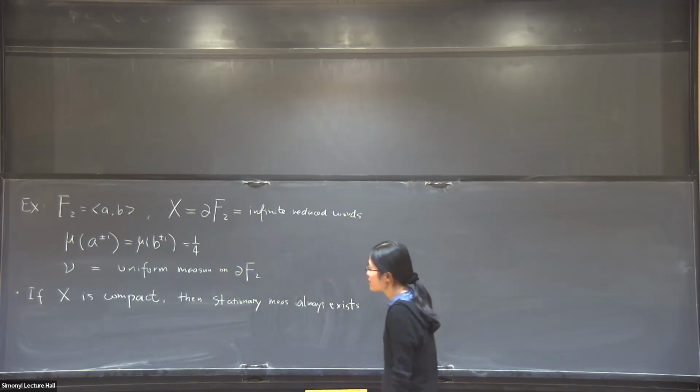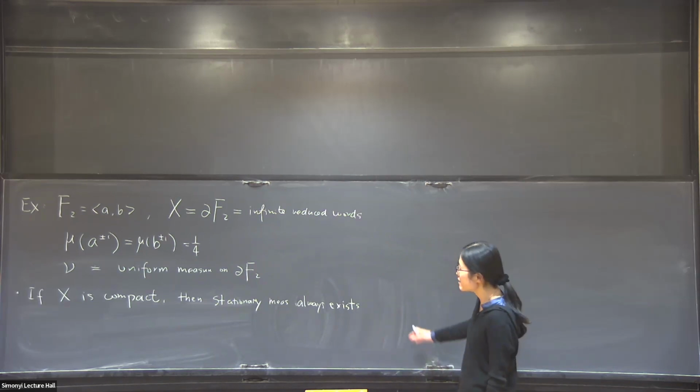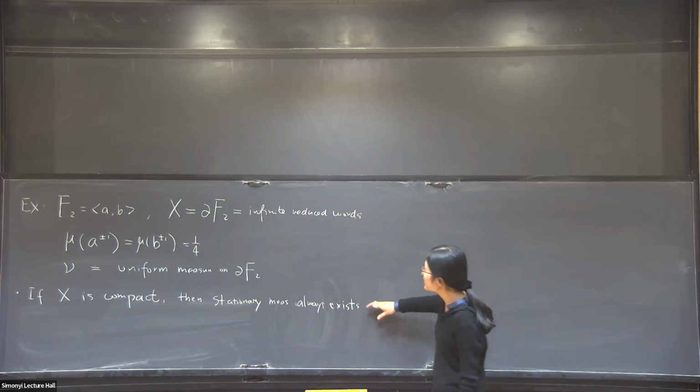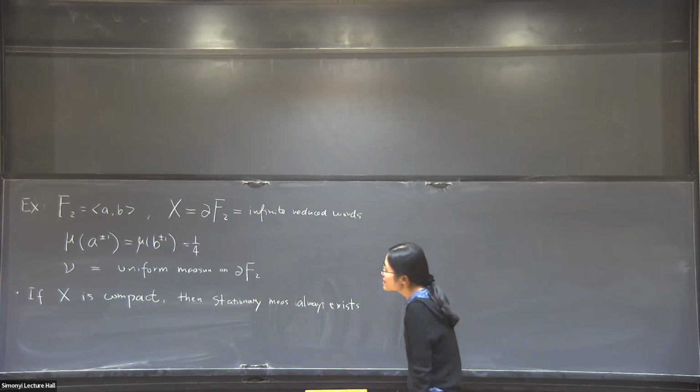So in the case where you don't have invariant measures, these are natural to look at. By studying the structure of such measures, you might gain some insight into the action. So this is one reason people look at this.